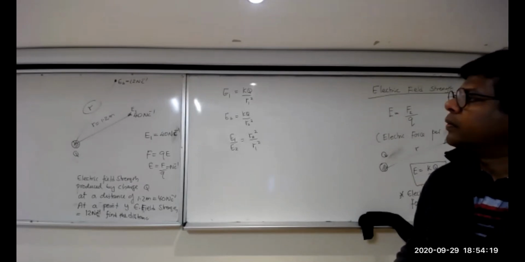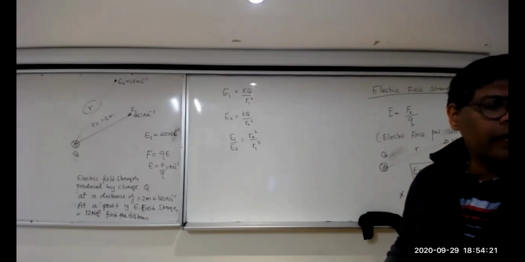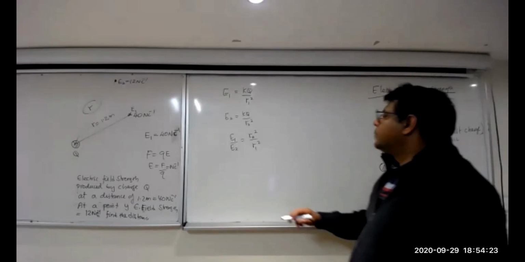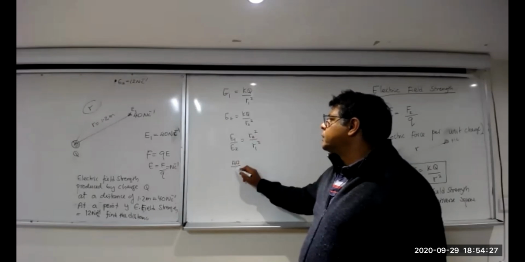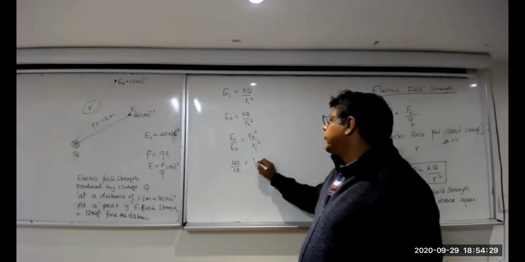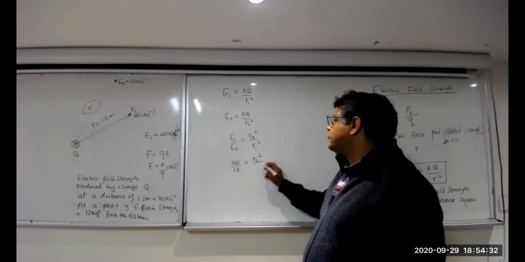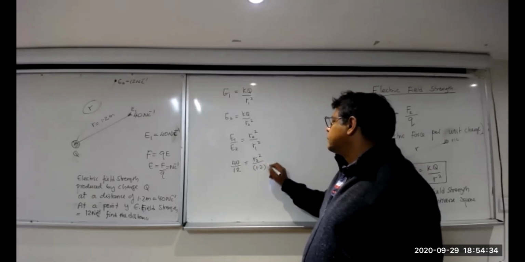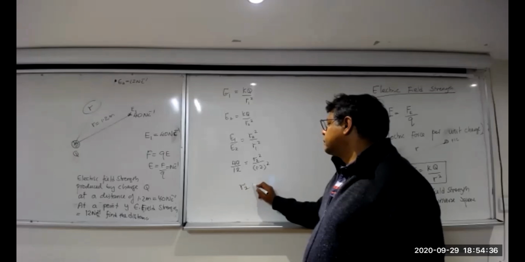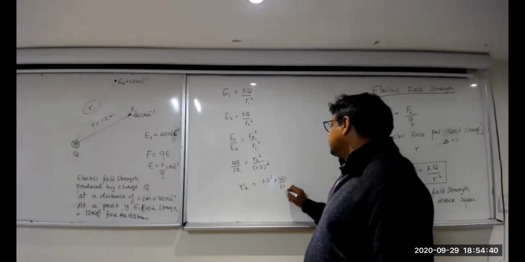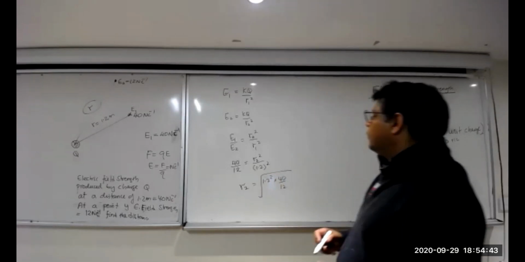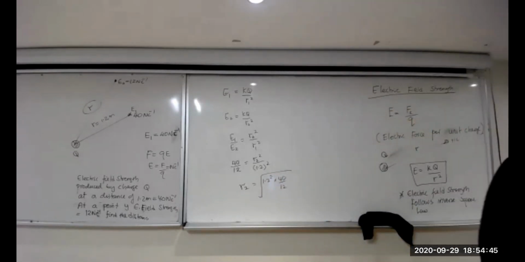Okay, 2.2. So we're looking for r2. So E1 is 40, that's 12. It's quite possible they can give a question like that.